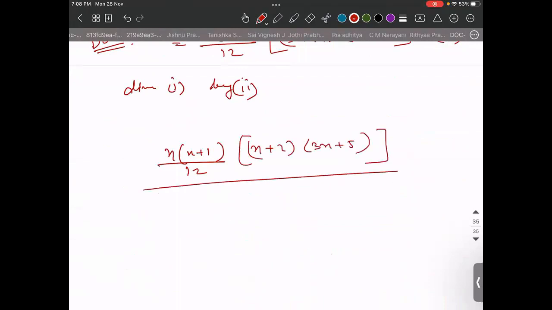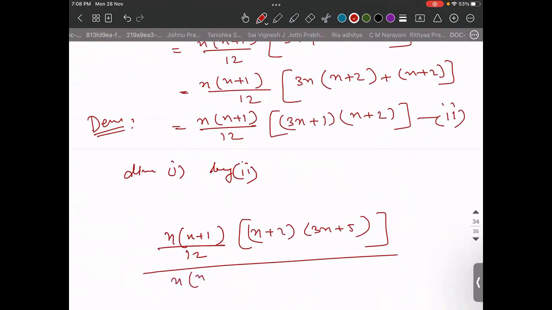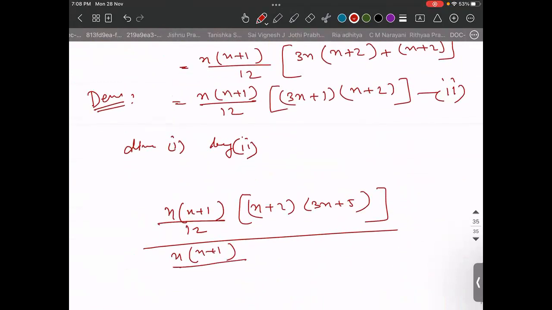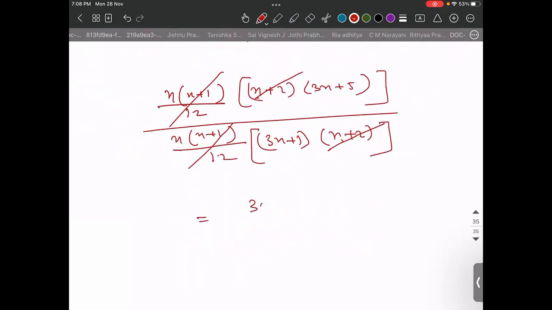And in the denominator, what you have? N into n plus 1 by 12, 3n plus 1 is n plus 2. Right? So this will cancel. This and this you can cancel. So finally you are left with 3n plus 5 upon 3n.